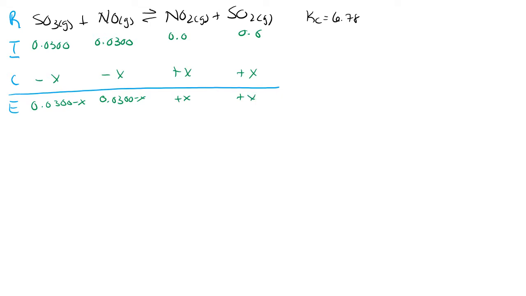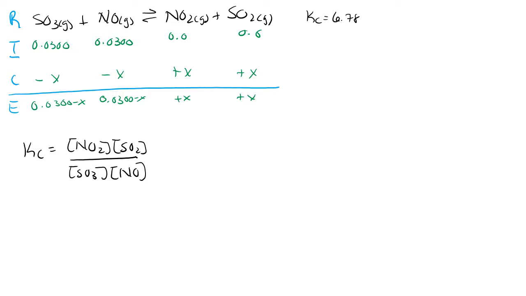So now we're going to write our Kc expression. Kc equals NO2 times SO2 over SO3 and NO. Just like before, we are going to substitute in our equilibrium concentrations, even though they are an algebra setup.